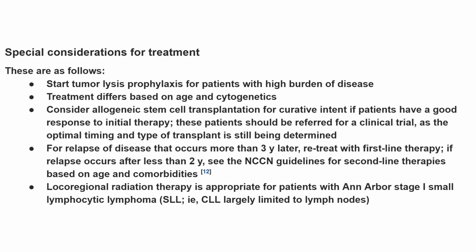Once the treatment is started, if the patient has shown a good response, then bone marrow or stem cell transplantation is also recommended once the patient recovers. If relapse occurs more than 3 years later, retreat as first-line treatment. But if it occurs within less than 2 years, then second-line therapies are suggested.